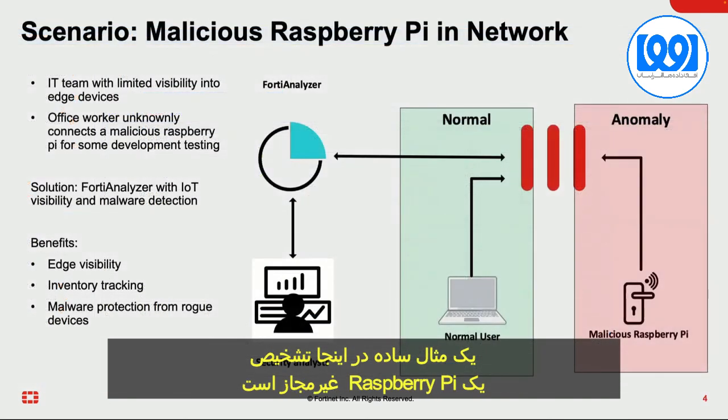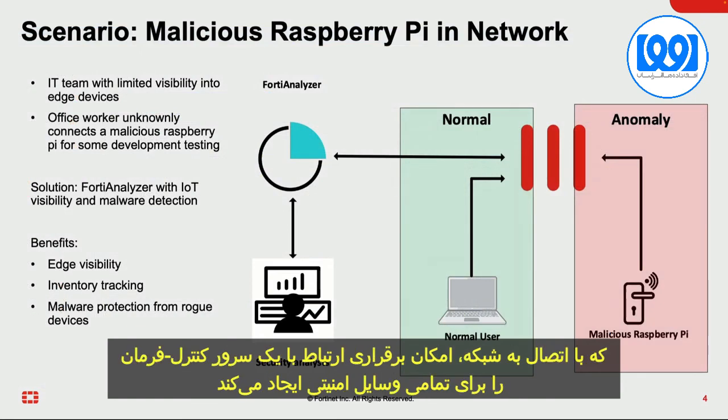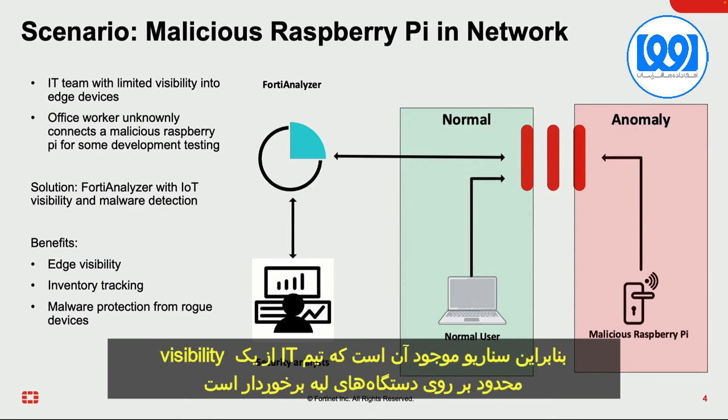A simple example here is detecting an unauthorized Raspberry Pi flowing through an allow-all security appliance communicating with a CNC server. So the scenario is the IT team has limited visibility into edge devices.